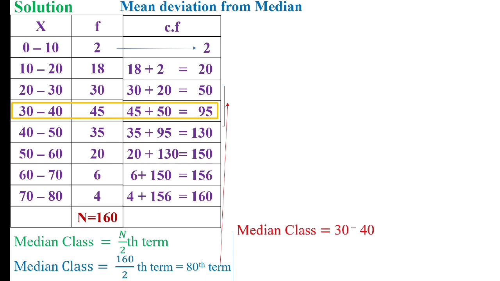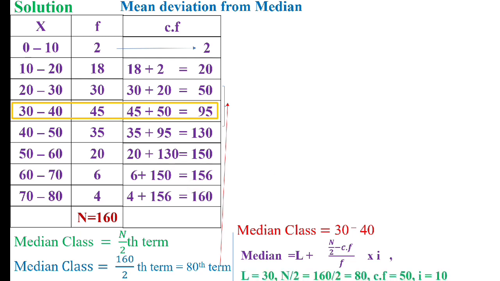Then in the next slide I explained the finding of the median. Now here we take 37 as the median value. Here we need to find the midpoint, because we need the x value. Lower limit plus upper limit divided by 2 gives the mid values 5, 15, 25, 35, 45, 55, 65 and 75.